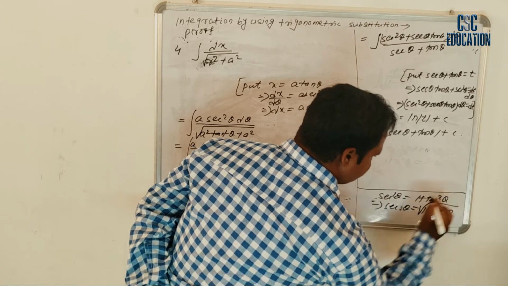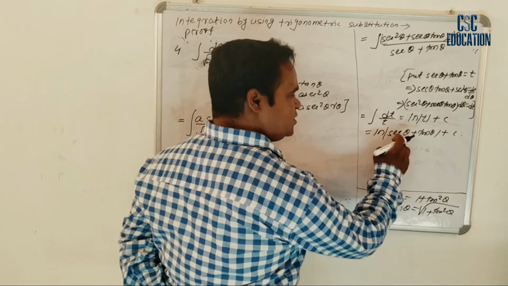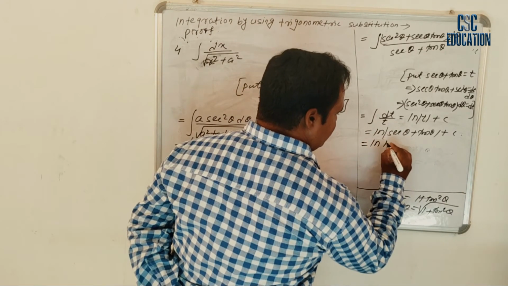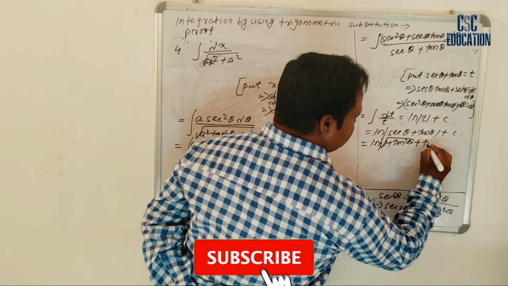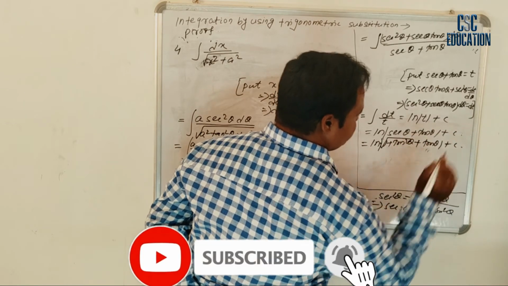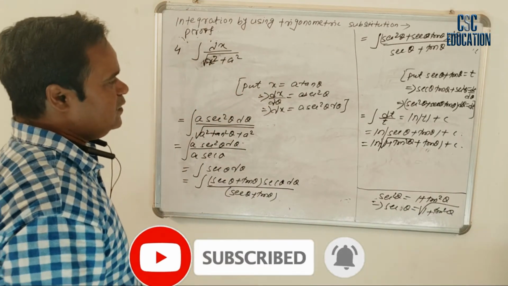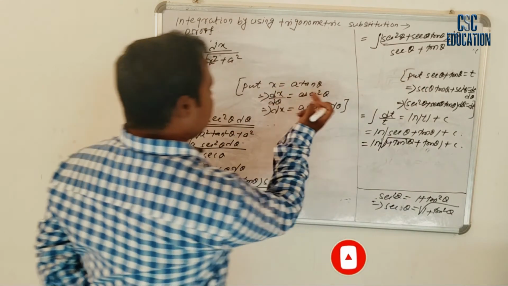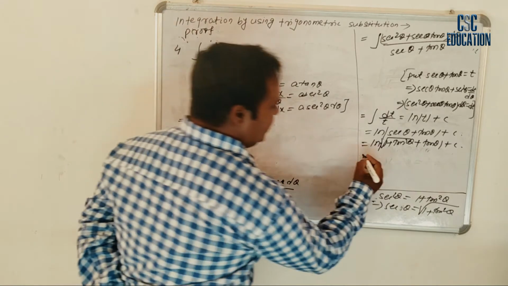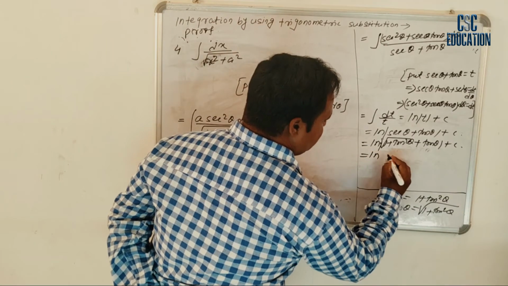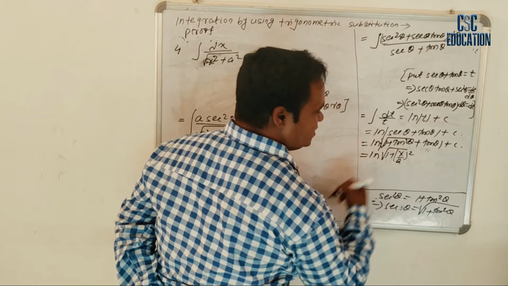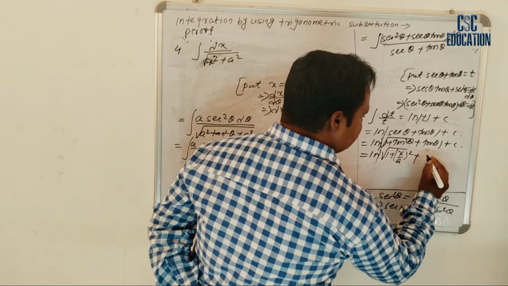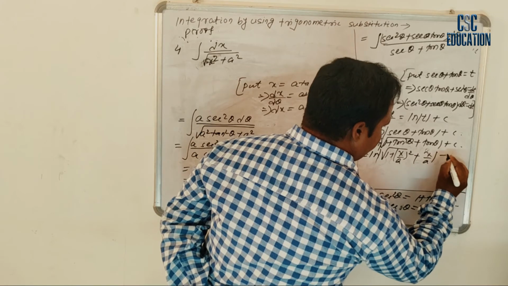Substituting, ln of the square root of 1 plus tan square theta plus tan theta plus c. Now tan theta equals x divided by a, so ln of the square root of 1 plus x by a squared, plus x divided by a, plus c.